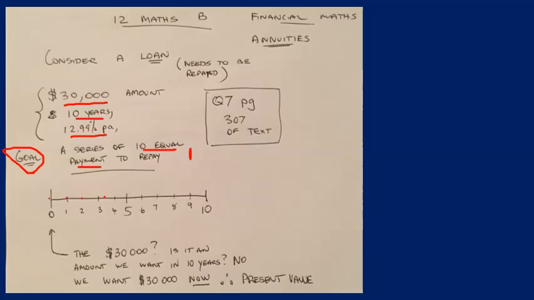You are taking out a loan for $30,000, payable at the beginning of the loan. That's now, in the present. We want the $30,000 now, so it's being paid to us in the present. So lock it in. It's going to be a present value calculation.